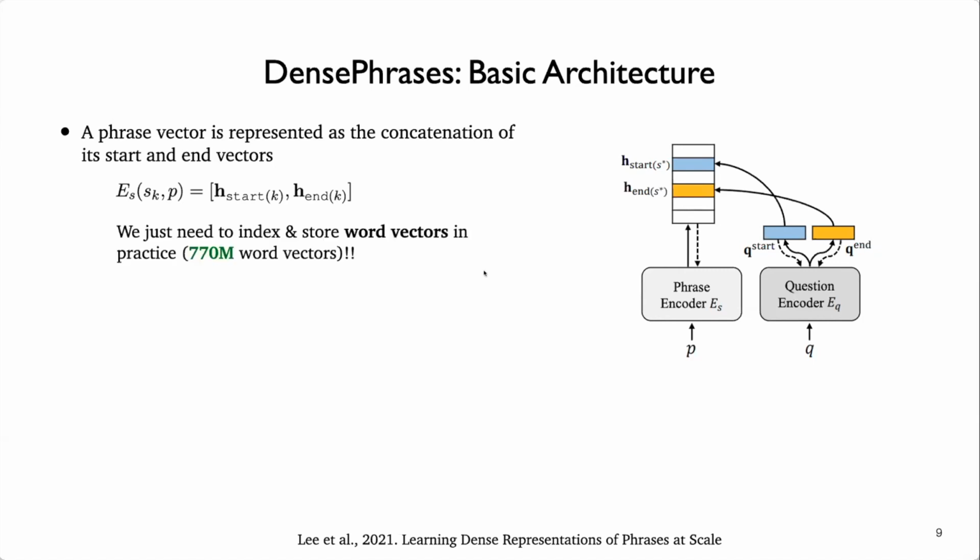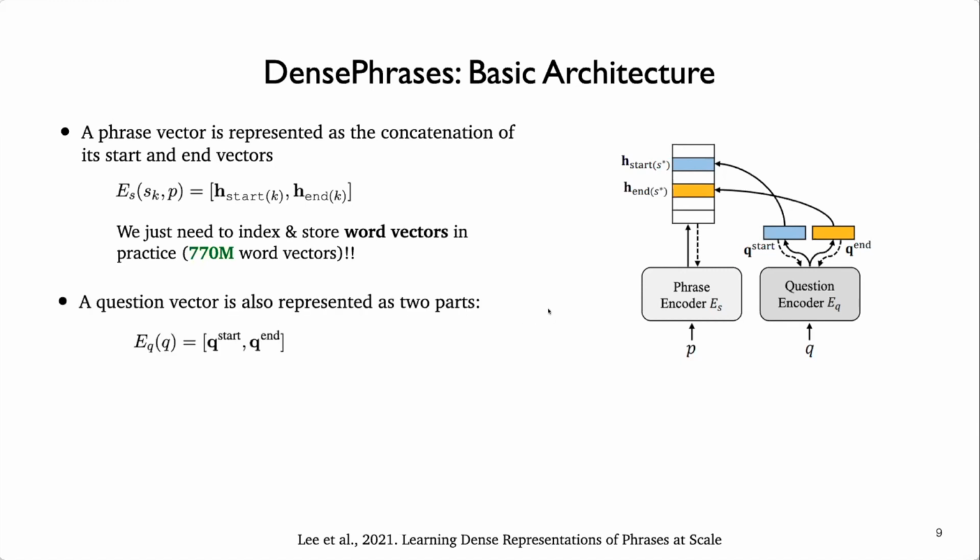This design is very crucial because, since we can represent the phrase vectors as start and end vectors, at inference time we only need to store the contextualized word vectors instead of the phrase vectors. This can make the size at least 20 times smaller. So this is the basic design of the phrase vectors.